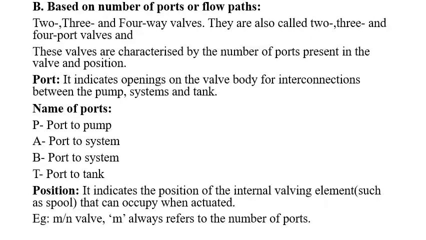Port names are indicated by P, A, B, T. P is the port for the pump, A is the port for the actuator, and B is another port for the actuator. If it is a single acting actuator, only port A is present and B is not there.